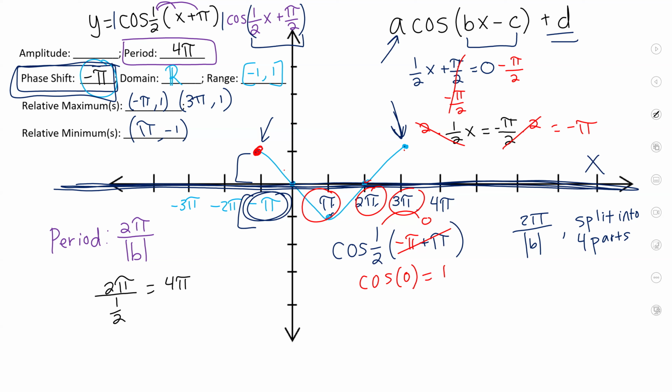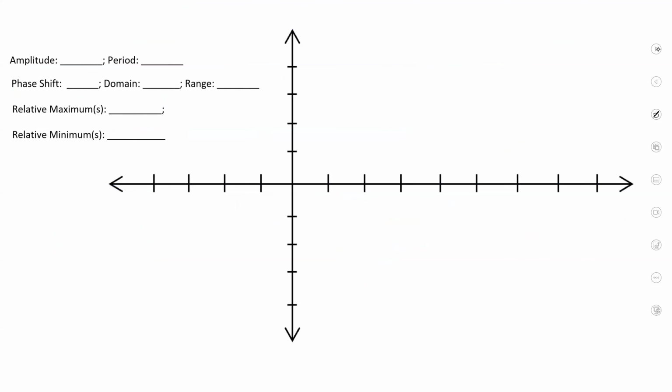Make sense, guys? Okay, I'm going to give you guys another one. Write this down on your paper. We're going to do -2 sine of (x plus pi) plus 1.